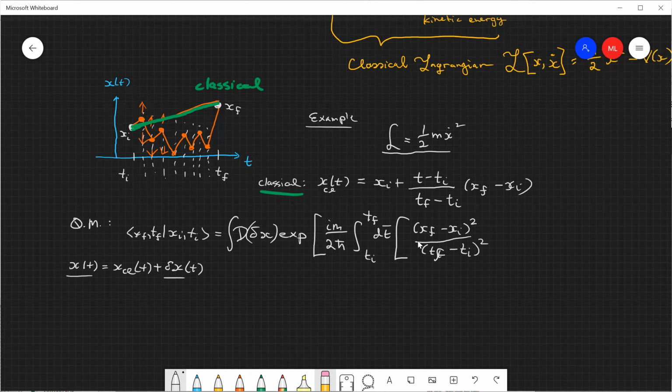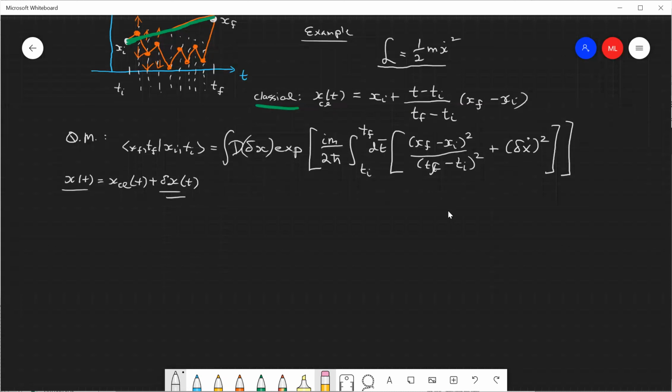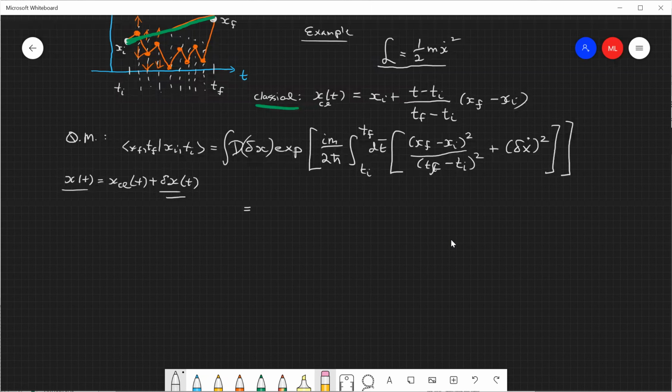That's just v squared. And then there's, of course, the contribution that comes from these deviations, which is delta x dot, the time derivative of delta x, squared. Okay, so now this classical piece comes out. And what we get is this guy.